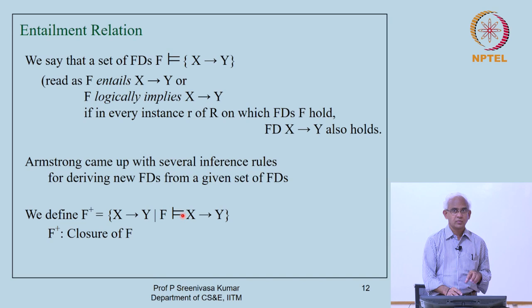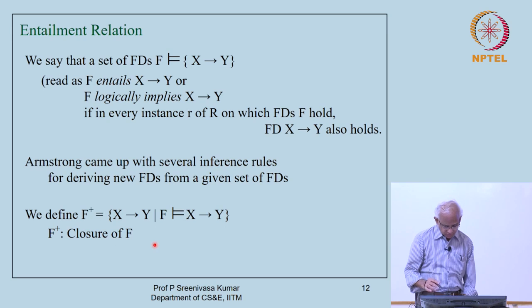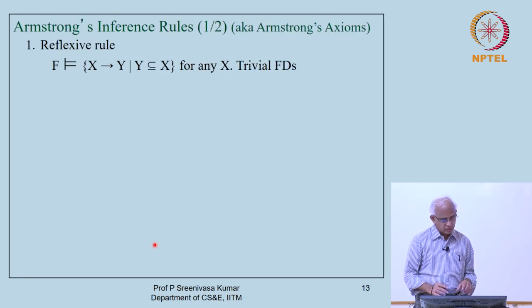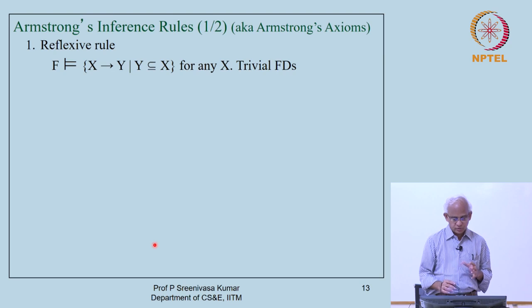The set of all functional dependencies that are entailed by a given set F. So, given F, we talk about F plus, which is in some sense the logical closure of F. The inference rules that Armstrong came up with are called Armstrong's inference rules, and they are also known as Armstrong's axioms. We will look at them now.